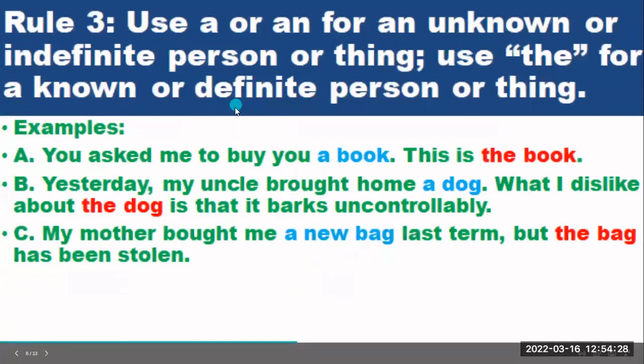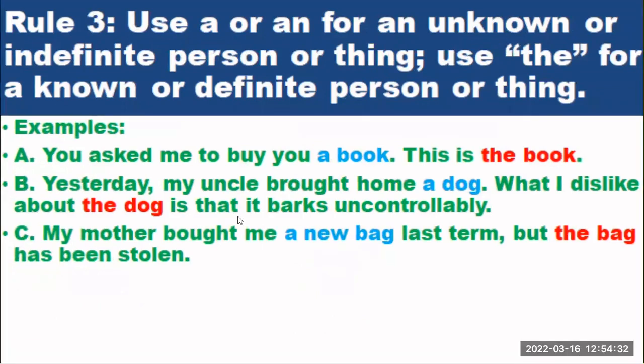Now, let's look at rule number 3. Use a or an for an unknown or indefinite person or thing, that is things that are non-specific. Then you use the for a known or definite person or thing.